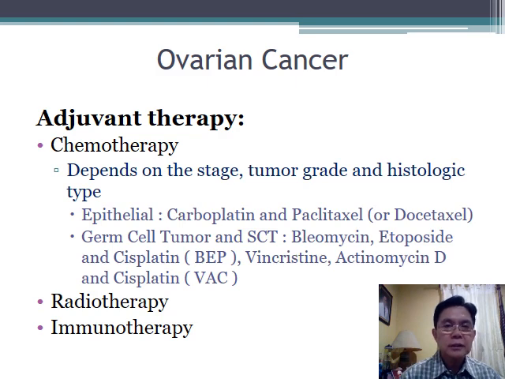Immunotherapy has also been utilized, but it is still considered investigative treatment. Currently there are more immunotherapy agents being developed, like interleukin-2 and tumor necrosis factor. So later on, we might be using a lot of immunotherapy in ovarian cancer as well.